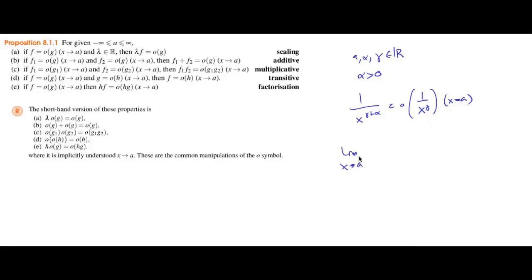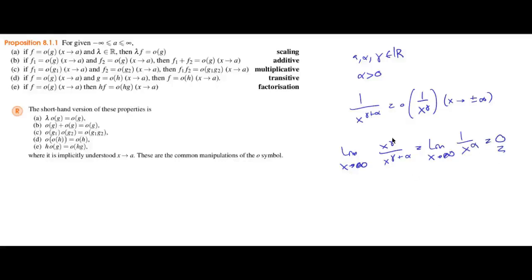Because the limit when x goes to plus or minus infinity of 1 over x to the gamma plus alpha divided by 1 over x to the gamma, so this one goes in the numerator, is the limit when x goes to plus or minus infinity of 1 over x to the alpha, which is 0.